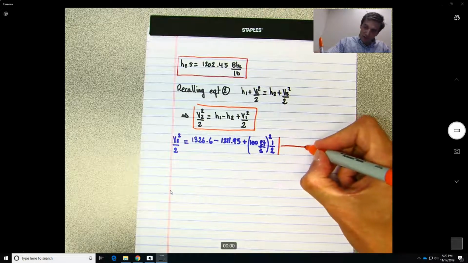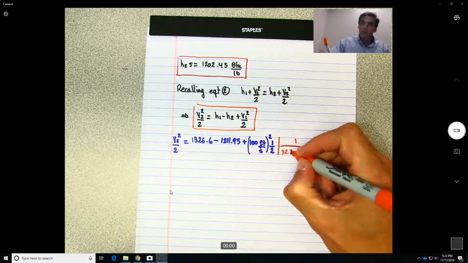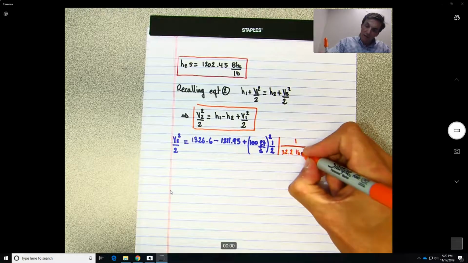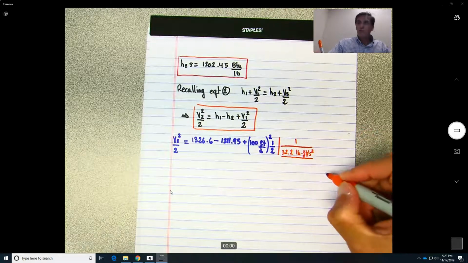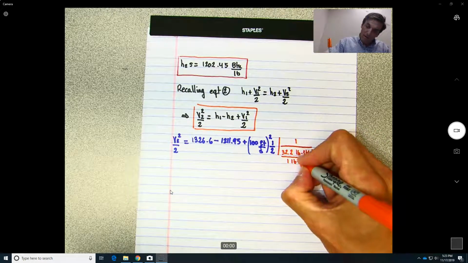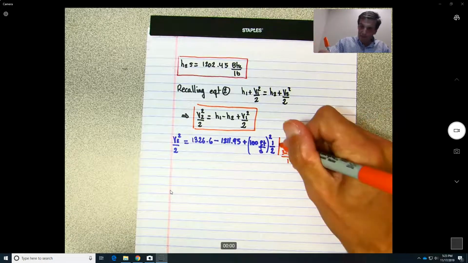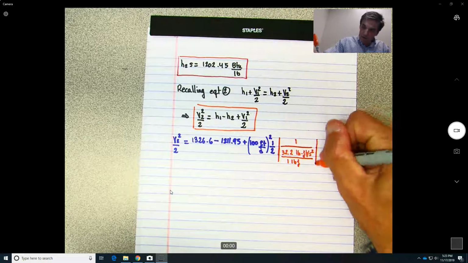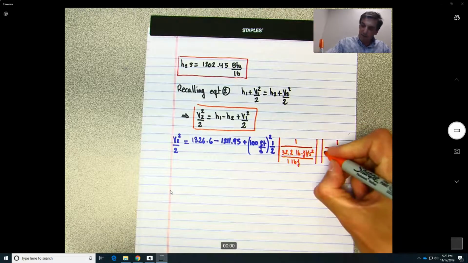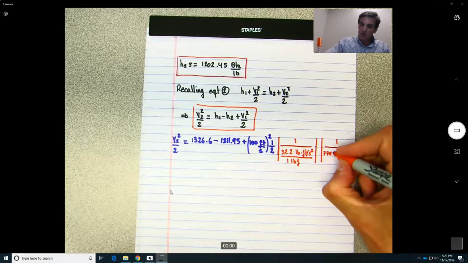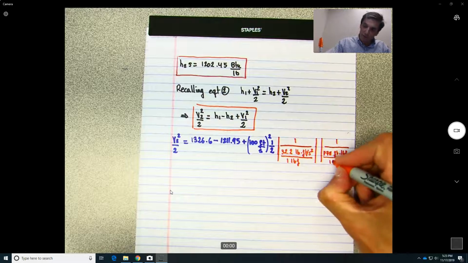So maybe I should have done that differently. It would be 1 over 32.2 lb foot per second squared per 1 lbf. And then we also know that 1 divided by 778 foot lbf is basically 1 BTU.